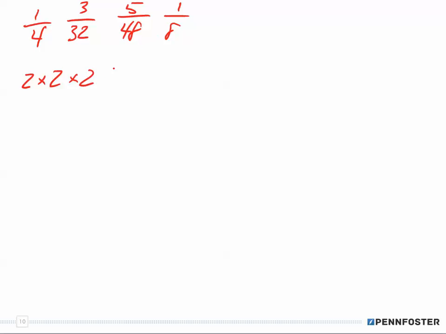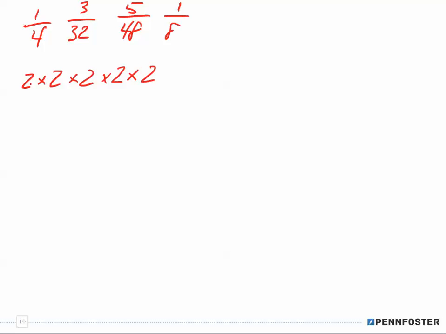Okay. Now, if I have 2 times 2 is 4 times 2 is 8, and I need to get into 32, that means I need to multiply 8 times 2 is 16, times 2 is 32. All right, and I'm up to 32, and I need to be able to go into 48.